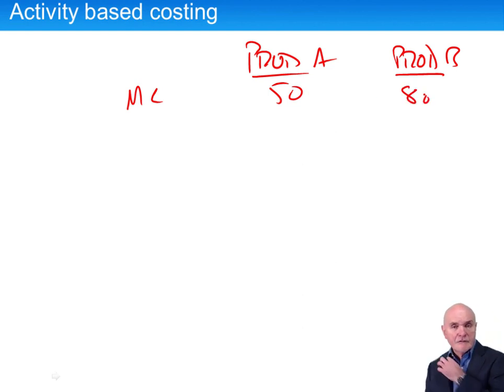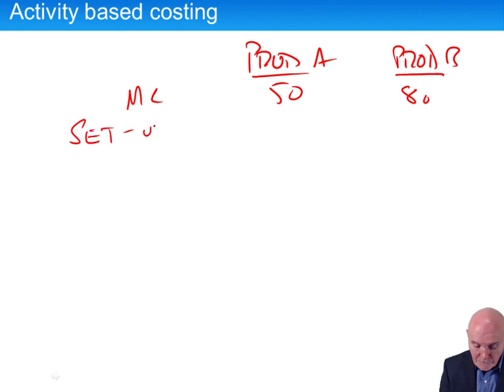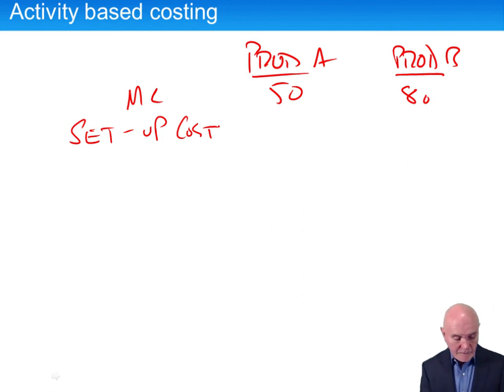But now, instead of lumping all of the fixed costs together and treating them all in the same way, we are treating each cost separately insofar as we can identify it. So we have some setup costs. And from the previous slide, we saw that the cost per unit of A was 7 and the cost per unit of B was 35.